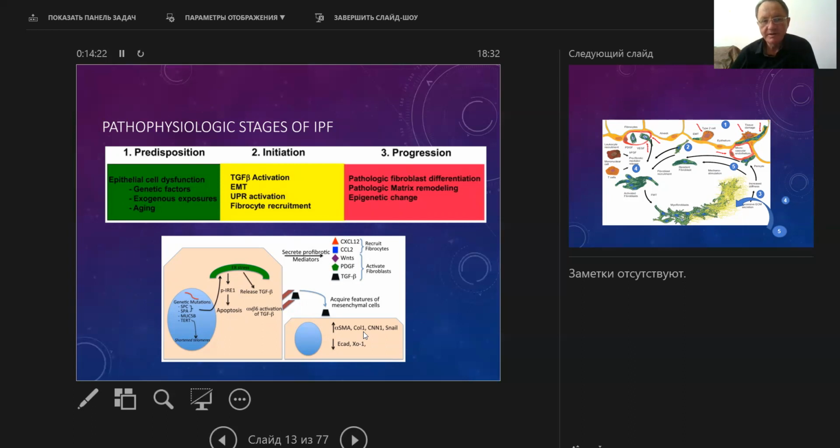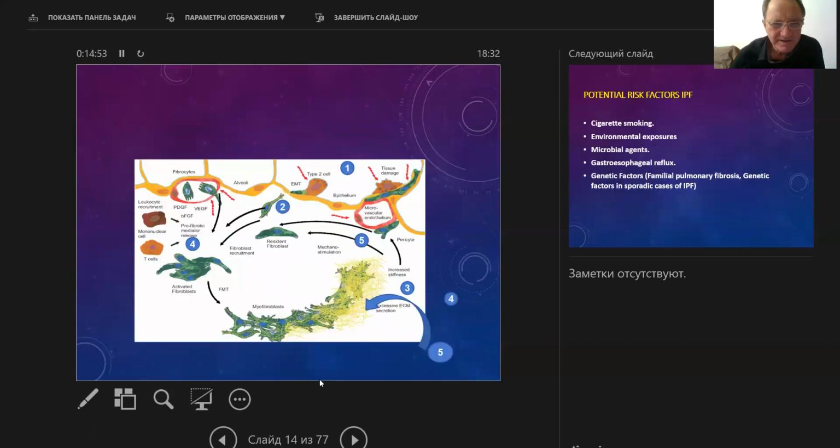For example, these cells produce very important factors like transforming growth factor beta, cytokines, which lead to recruitment, first of all, of fibroblasts, and change the quality of the loose connective tissue that surrounds the alveoli.